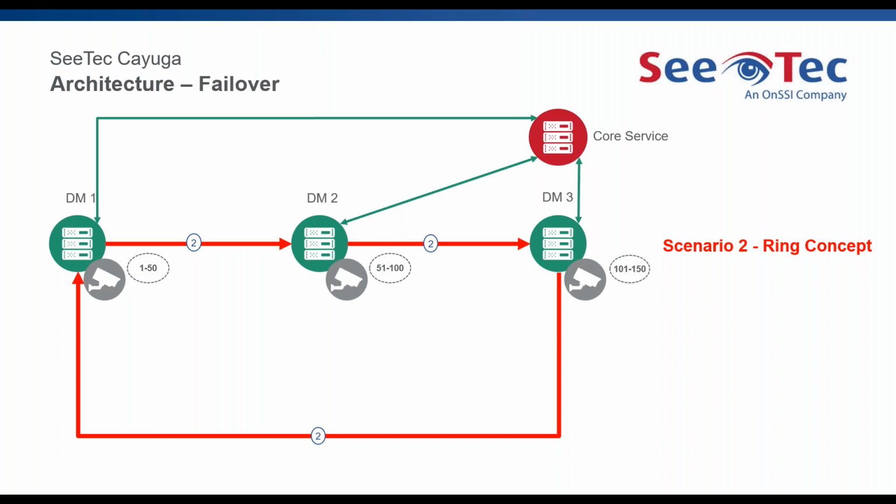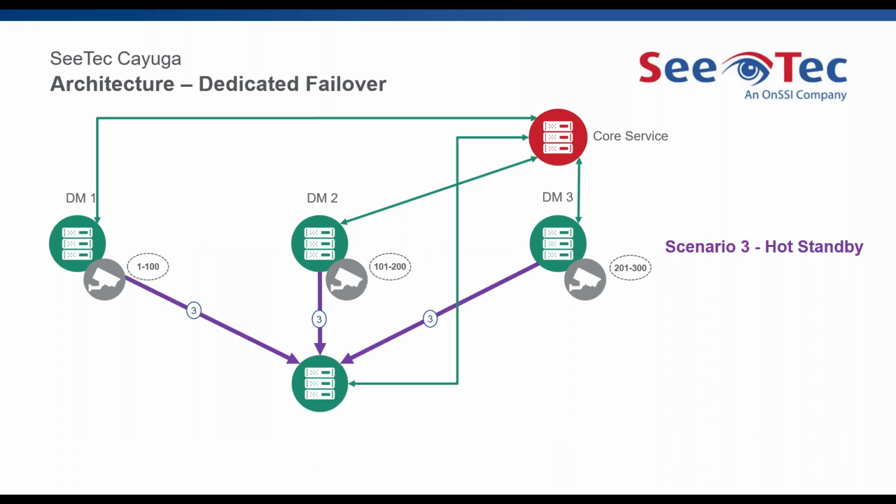Again, we'll step up, and when we're looking at a larger camera deployment, we may have 100 cameras on each server in that scenario, where we've allocated a dedicated hot spare DM, a recording server, sitting there. Now each of these servers, 1, 2, or 3, could go to the one sitting at the bottom of the screen.